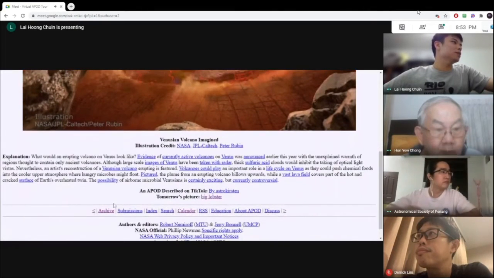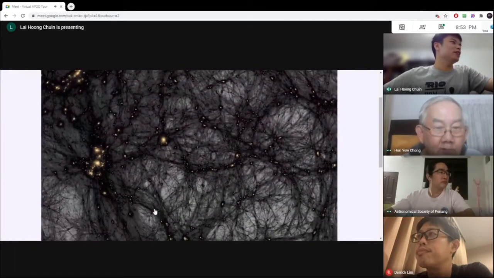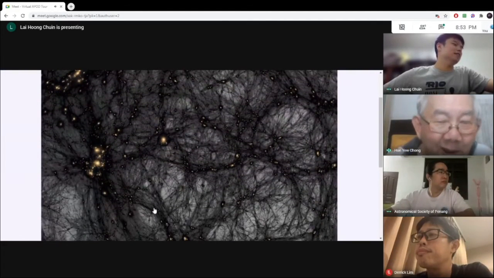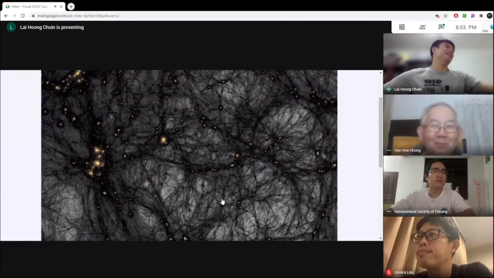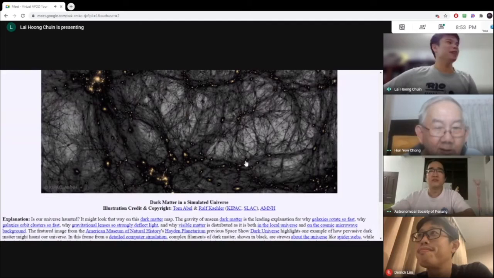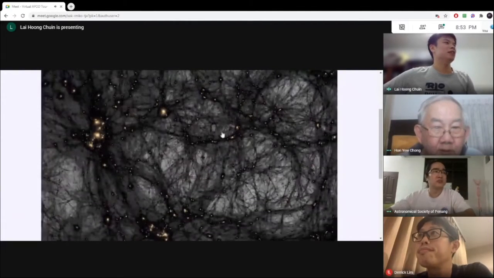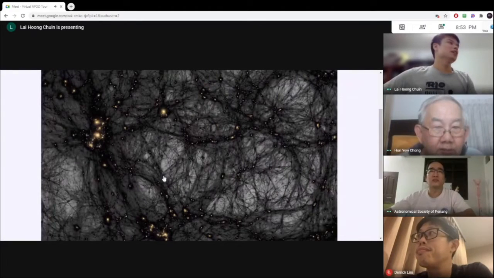And let's proceed to the 25th. Now, the 25th is a very interesting image. Halloween, huh? Yeah, another Halloween. At the beginning, I discussed a bit about dark matter and dark energy. So this is a simulation result of the universe. All the black is actually the dark matter, the black lines.